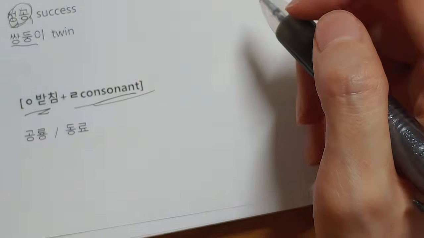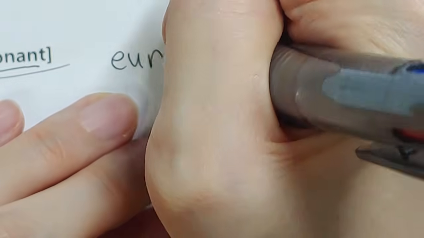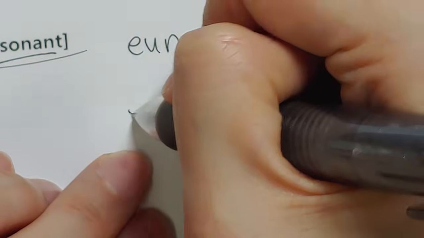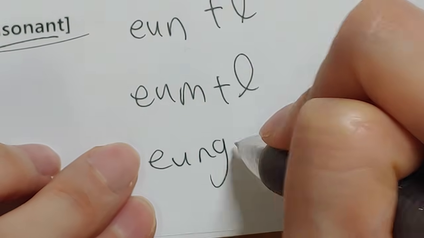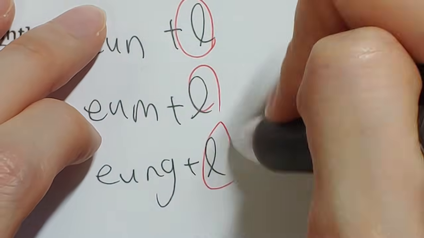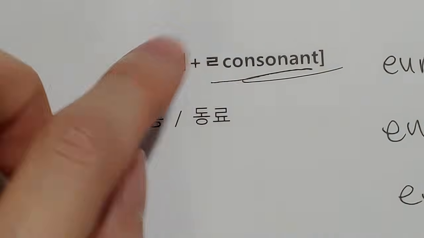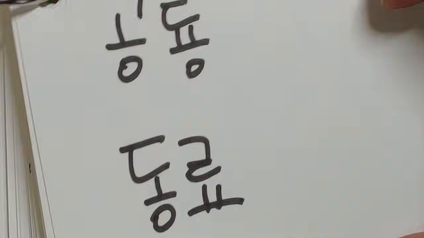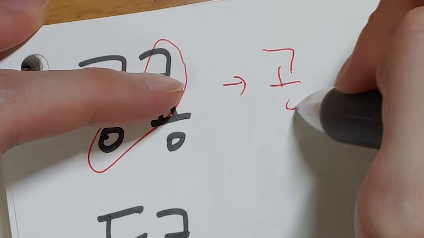So I mentioned that Koreans have kind of difficulty pronouncing ㄴ and ㄹ together, right? So what we do is we replace this l sound with an n sound. So that's what happens here as well. L becomes n.